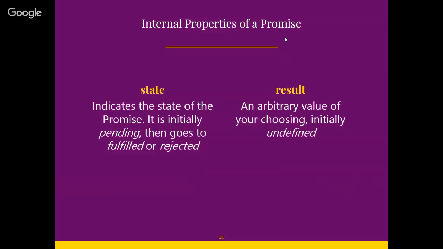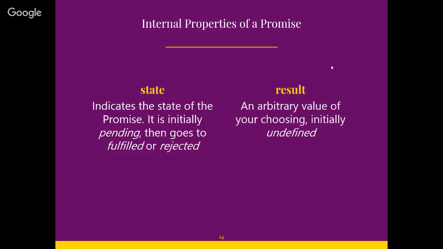Essentially, the three values that we can expect from the state property are pending, rejected, and fulfilled. The result property, on the other hand, is an arbitrary value of our choosing. So we can set it to whatever we want, and if we don't set it, it will be undefined. And that's essentially all there is to the internal properties of a promise.